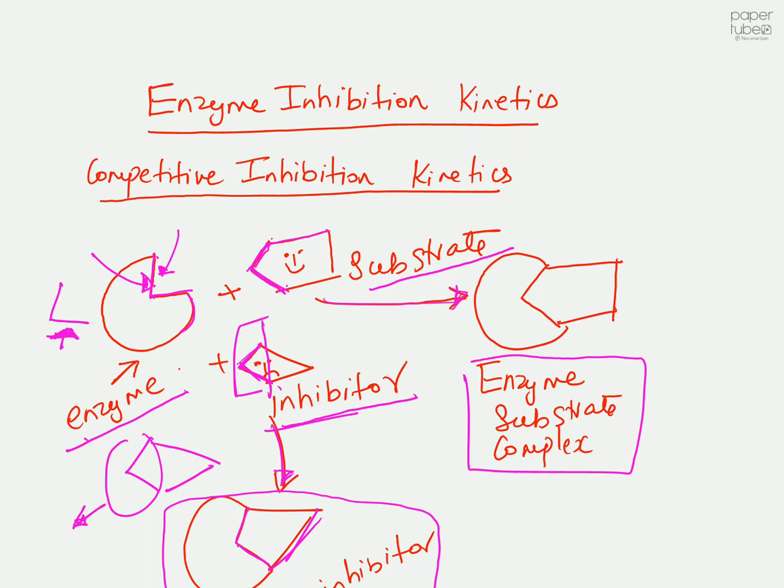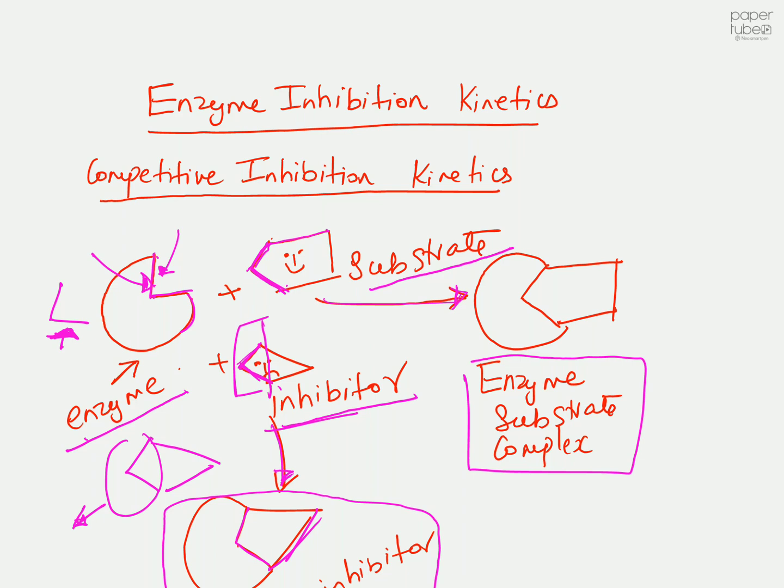Then your enzyme substrate complex will eventually be catalyzed by the enzyme, and you will get enzyme plus product. Normally the second reaction, enzyme substrate complex to enzyme plus product, is a very slow reaction, and that's the rate limiting step, and that decides the rate of the reaction.